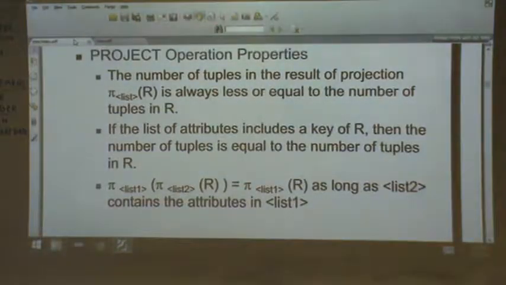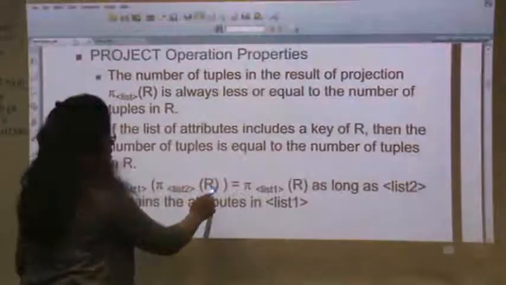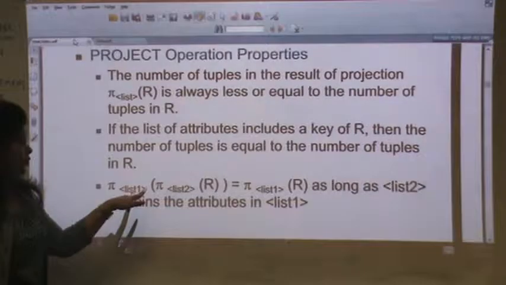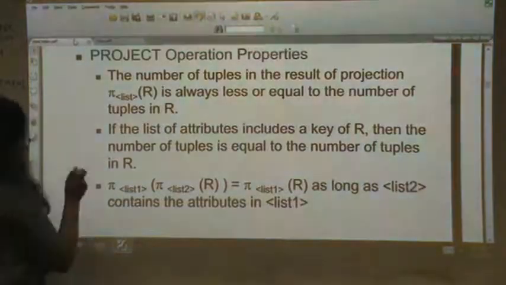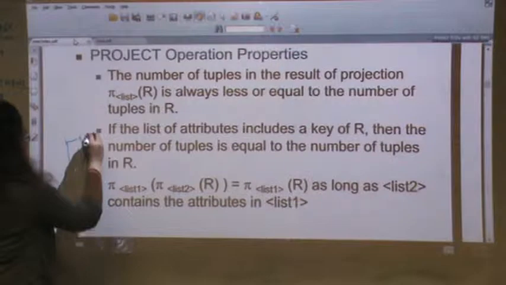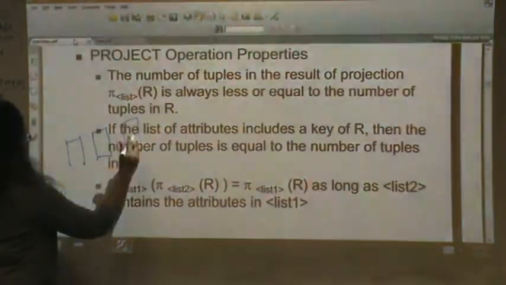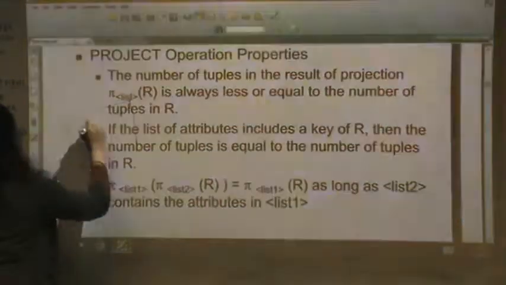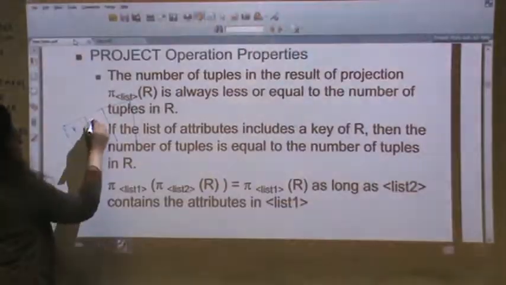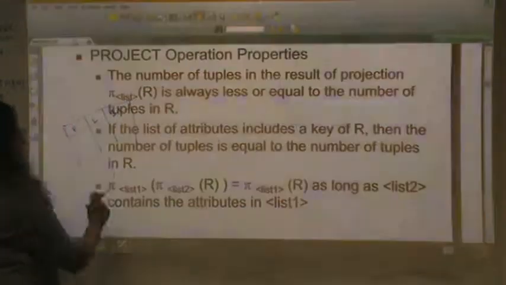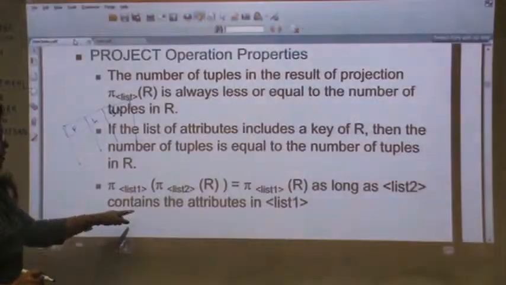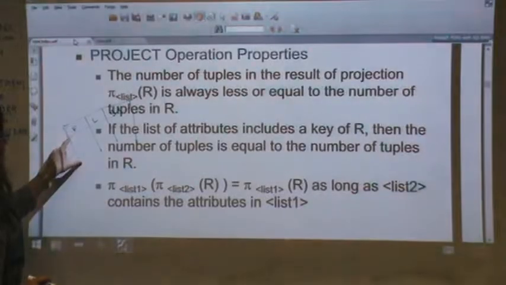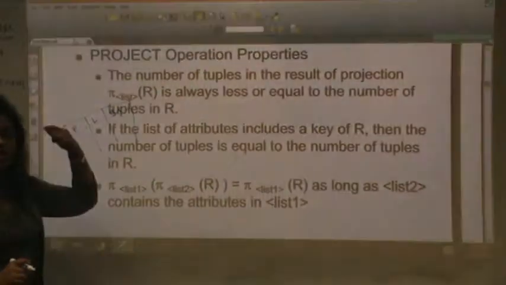Again, if it's the same table, then a list of first column, or second column, or third column, like first name, last name, and salary, will return the same number of results as long as it has the same number of tuples.